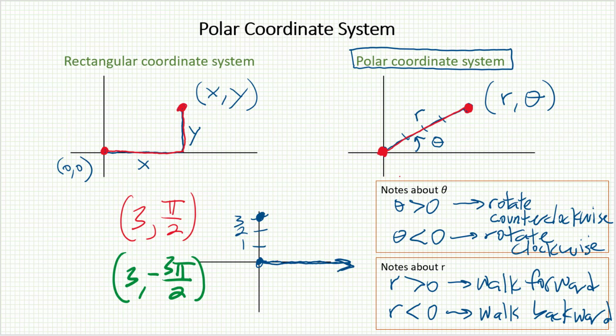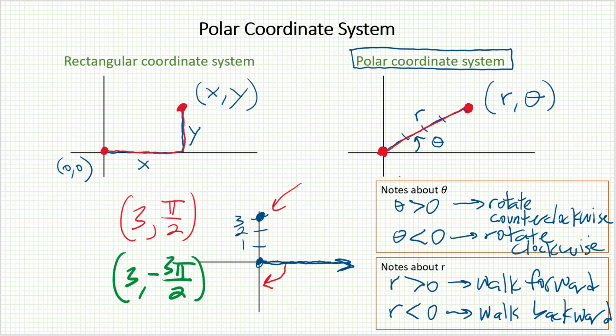I'm going to rotate around some amount, and now I know I have the option of walking either forward or backward. So, one way that I could get to that spot up there, this spot right here that I want, is I could rotate around clockwise 90 degrees.